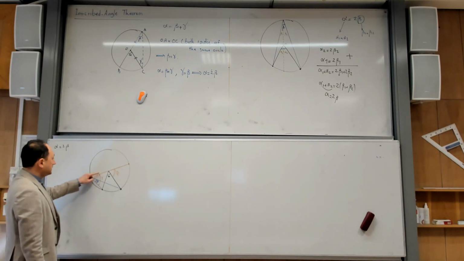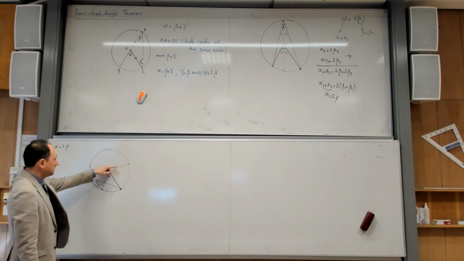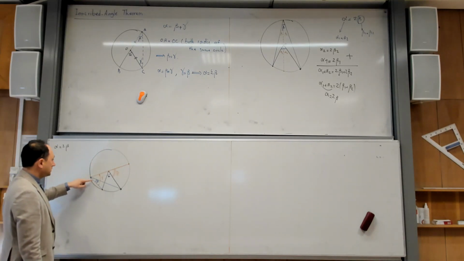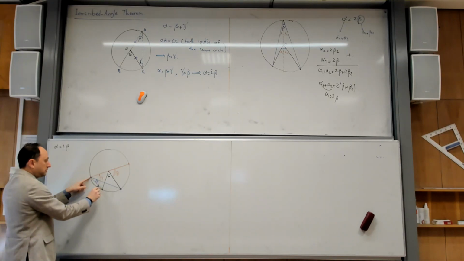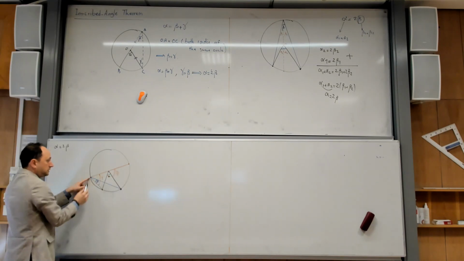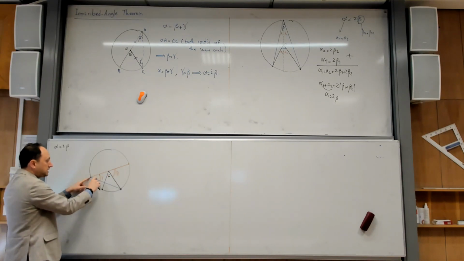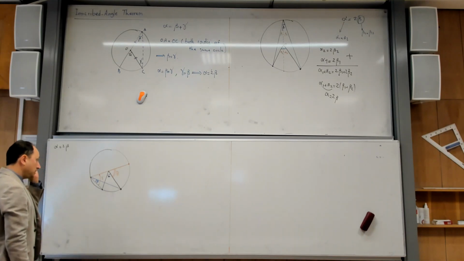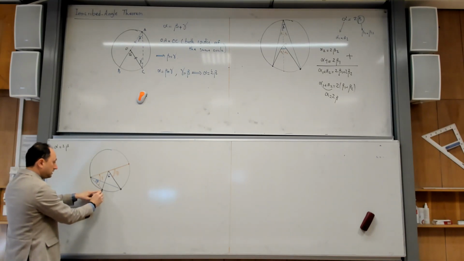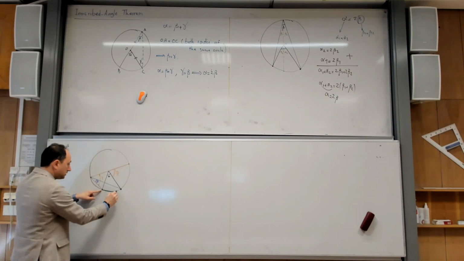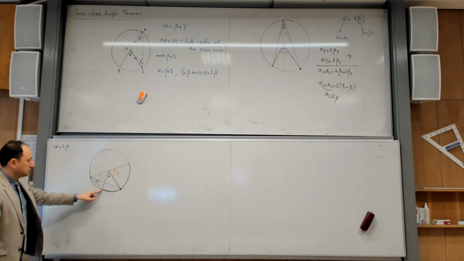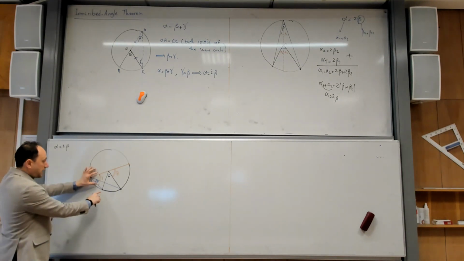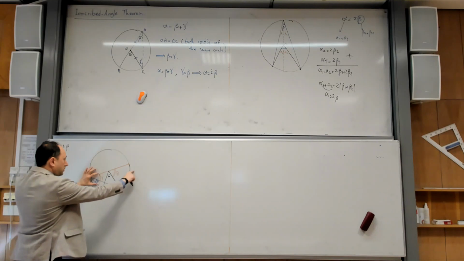So this angle that you see here, this gamma, is an inscribed angle, yes? But one leg of this gamma is of course a chord, but the other one is a diameter. Okay? And then this angle gamma is subtending which arc? Is subtending the arc from here to here. Yes, is that understandable? So this gamma is actually subtending this arc from here to here.